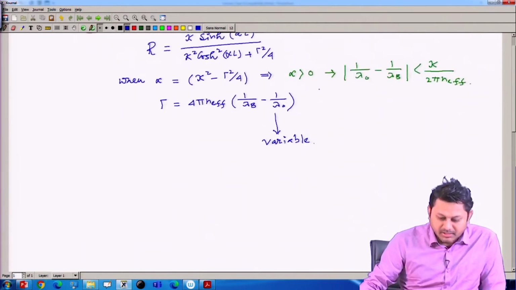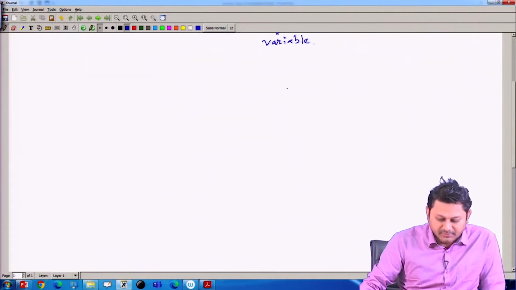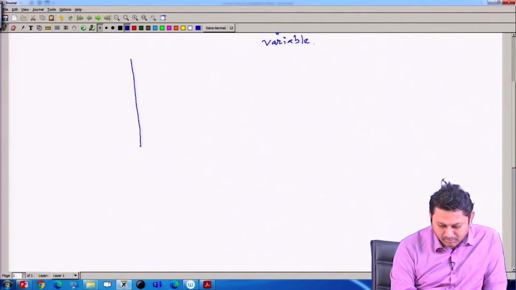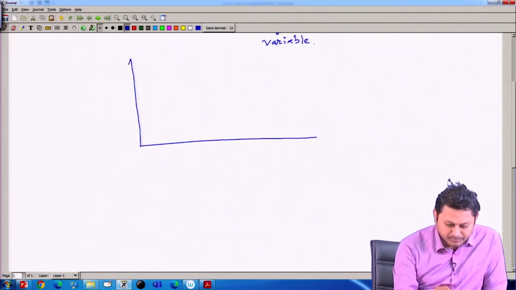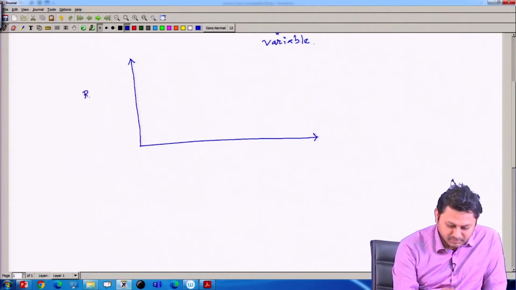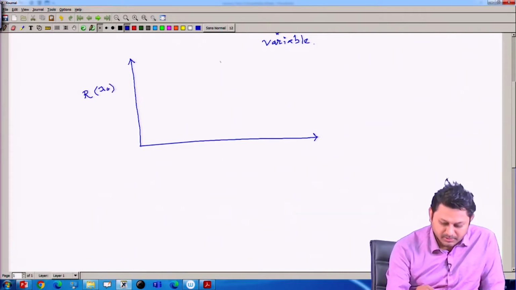And now, using this expression, if I plot this reflectivity curve R as a function of lambda 0, the operating wavelength, it should be something like this.